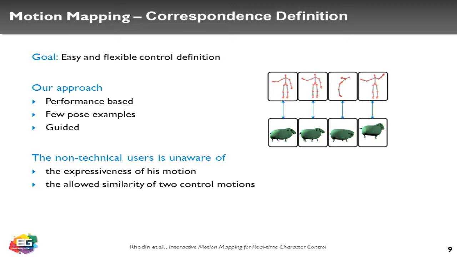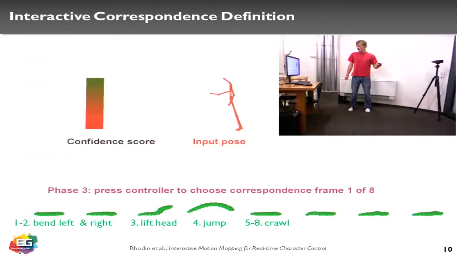All of this is because usually the normal user is not aware of how expressive a motion is. If you are a scientist, maybe you know the concept of variance or similar poses, but the user doesn't. So the system guides you in whether the mapping is good or not.